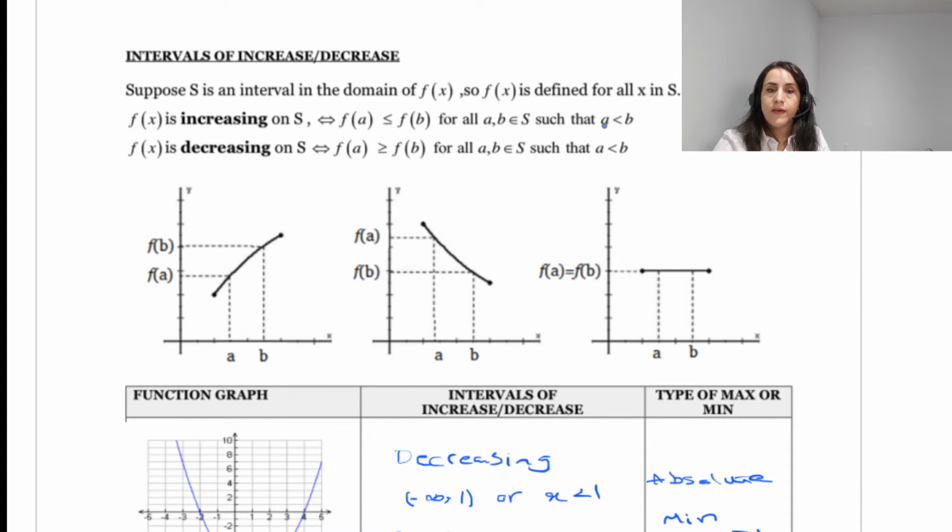It means if the x value is increasing from a to b, the y value has to increase. And if such a thing happens, I can say f of x is increasing.